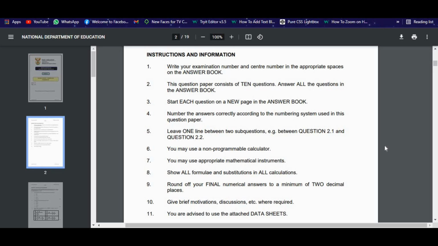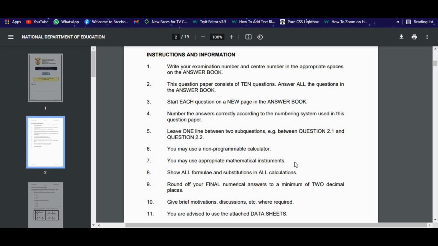Besides the normal write your exam number and center number in the answer book, it will state the number of questions, but of course some important ones like instruction number 5, leave one line between two sub questions.